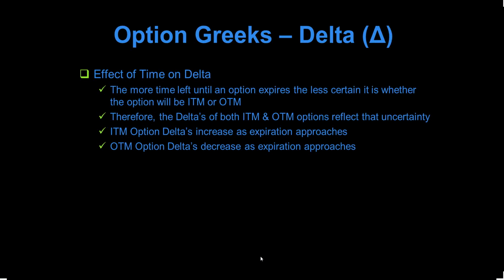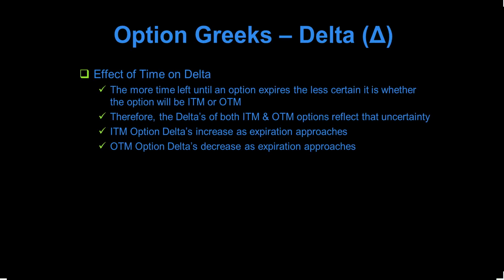Now, out of the money options' delta decreases as expiration approaches. So just another example, if you're holding a short call, let's say it's a short call in a leg of an iron condor, and it's sitting at, I don't know, let's say 18, and then you've got 5 days left, and the price of the stock doesn't move much. It stays pretty much where it is, and all of a sudden now, instead of 5 days left, you've got 3 days left till expiration.